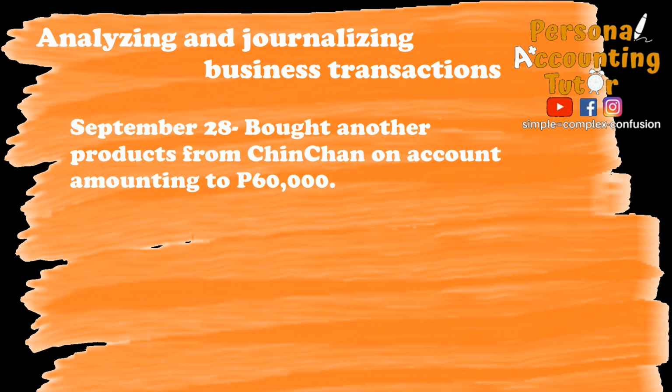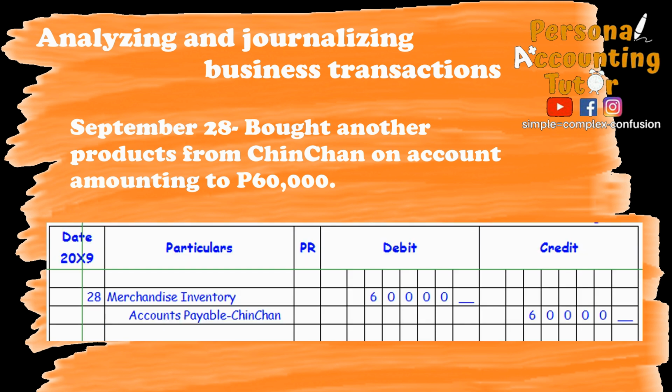September 28, bought another products from Chinchan on account amounting to 60,000. The entry will be debit merchandise inventory 60,000 and a credit to accounts payable Chinchan 60,000. Again, MI is debited because once you buy a merchandise, it will increase that account.